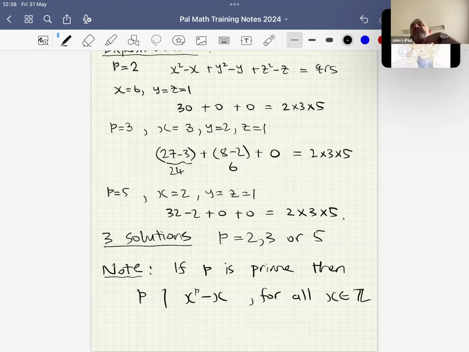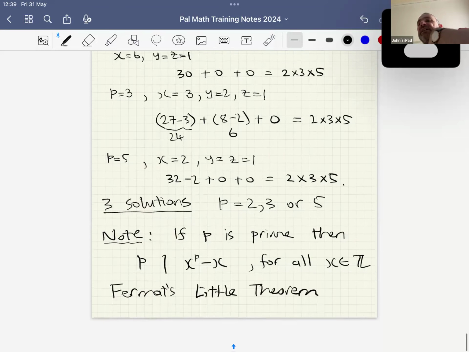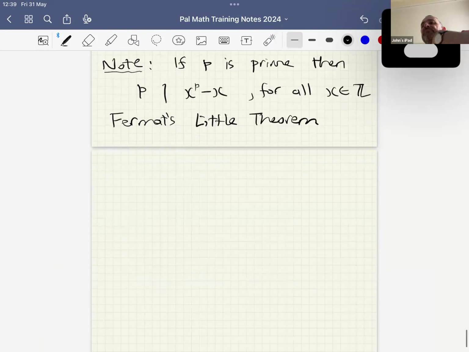Does anyone know the name of that theorem? Yeah, Fermat's little theorem, that's right. Abdullah typed in the chat something like that. Yeah, Fermat's little theorem.